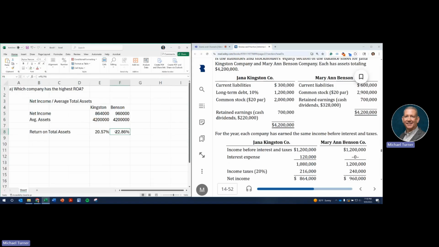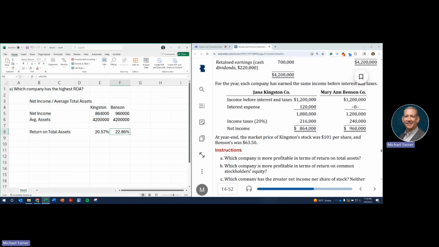And so the question's asking us, which company is more profitable in terms of return on total assets? So which one has the highest one? In our case, Mary Ann Benson Company is the more profitable in terms of return on total assets. So based on that ratio, Benson appears to be the better company.